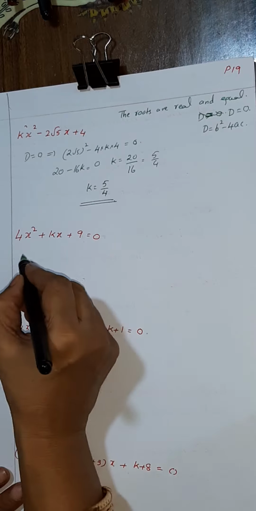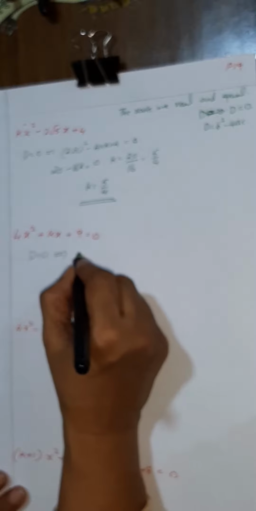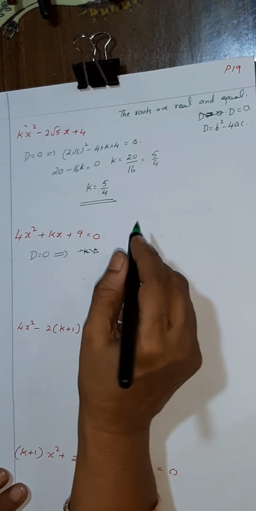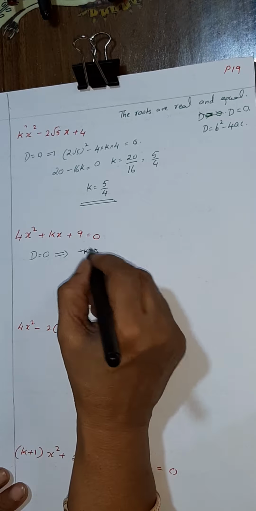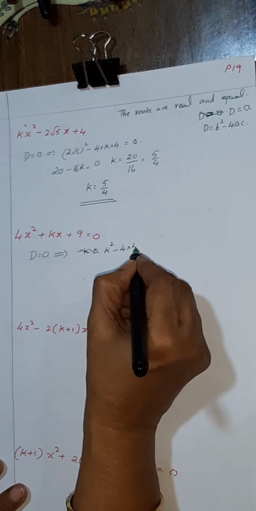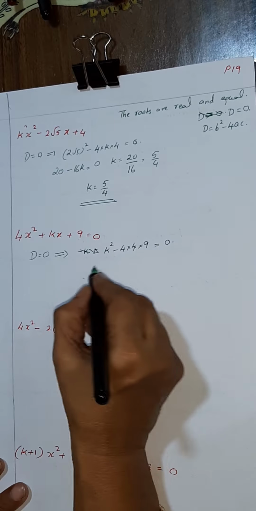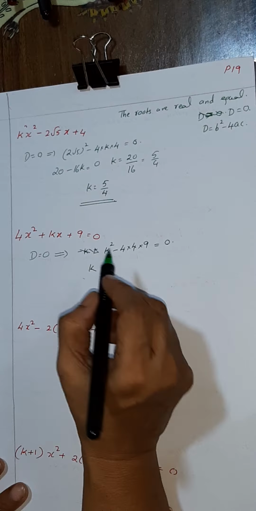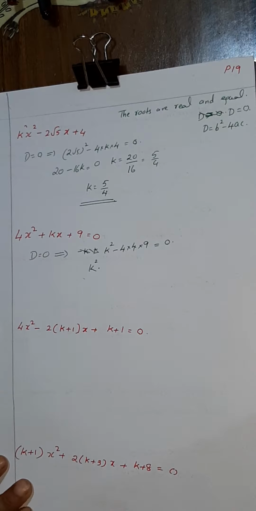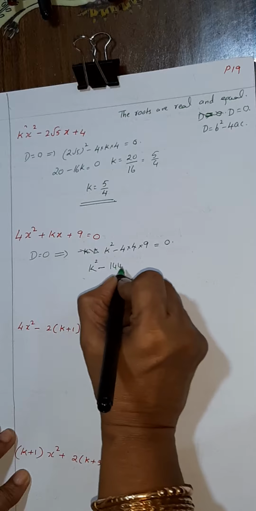Now in this again d is equal to 0. So b squared minus 4ac, that's all we have to find. So b squared is k squared minus 4 into 4ac equal to 0. So we get k squared minus 144 is equal to 0.